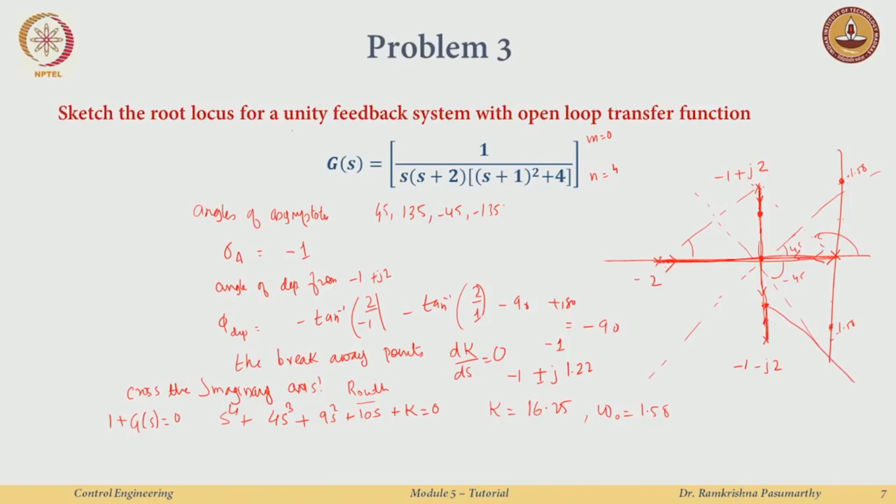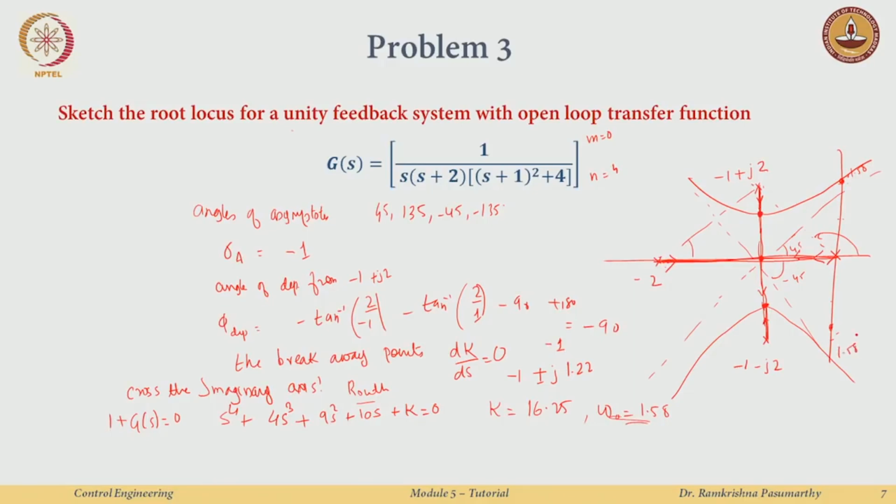So, this guy will go this way, this guy will go this way, right, again at angles 45, minus 45 and so on. So, the asymptotes, again this will be like this and this will be like this, sorry. I am just messing up the scale here, but the point where it meets the imaginary axis is at this omega naught, which we computed from the Routh table, this is 1.58.